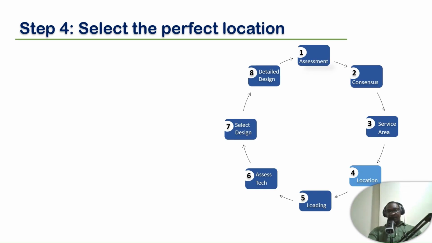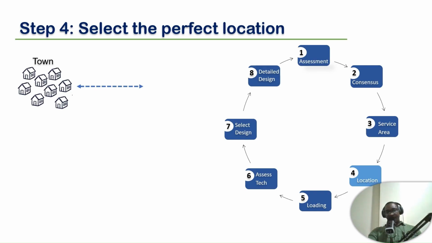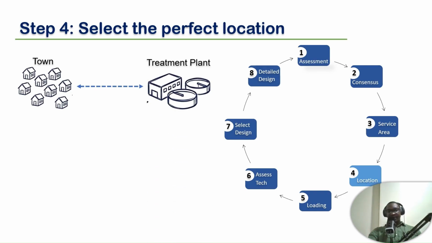So here we're now looking at selecting the perfect location. So here you look at the distance between the town where people are settling and the treatment plant. So that distance recommended here is between 500 meters to a kilometer.